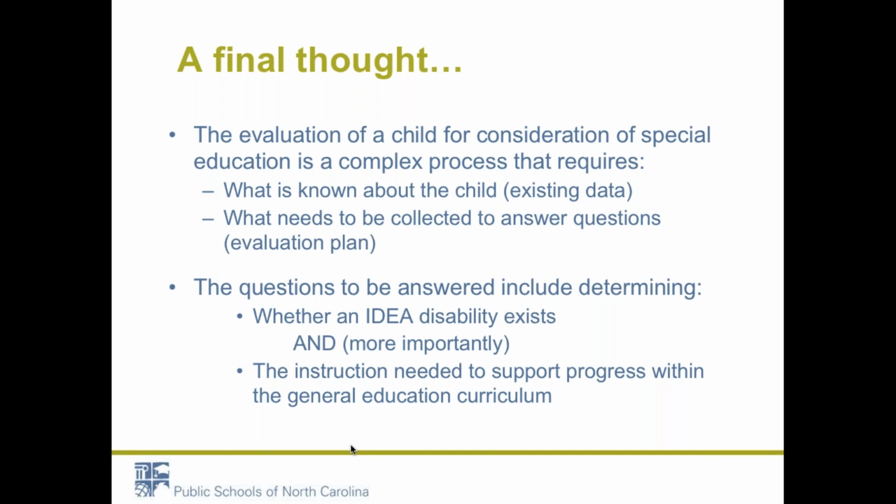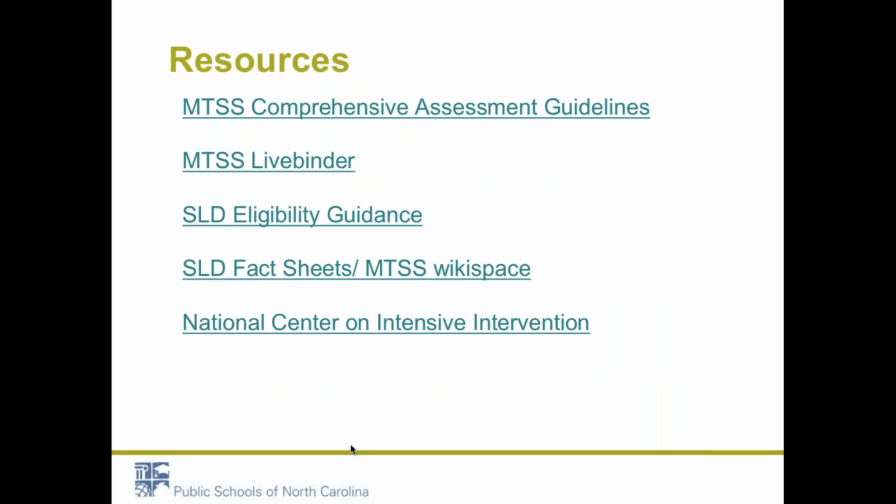And that is, again, regardless of whether we determine bullet 1. So even when we have students who are referred and we end up in a case where it is not an IDEA disability, we need to also conclude that process with some strong recommendations about instructional planning for that student that we just evaluated.